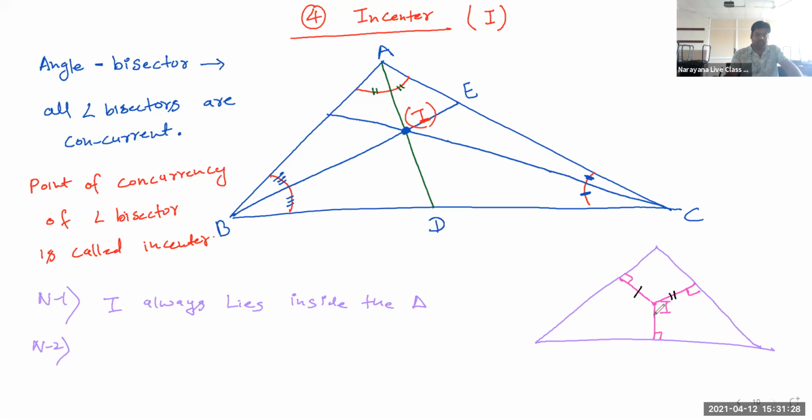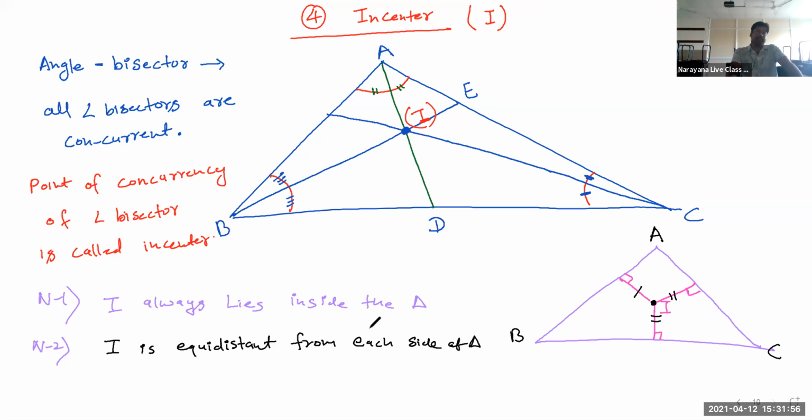So from the incenter, every side is at equal distance. ABC, there are three sides. So you can write I is equidistant from each side of the triangle. So I is a point which is equidistant from each side of the triangle. Got it?